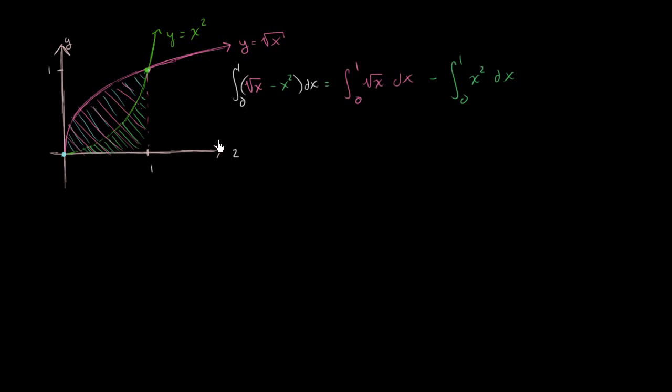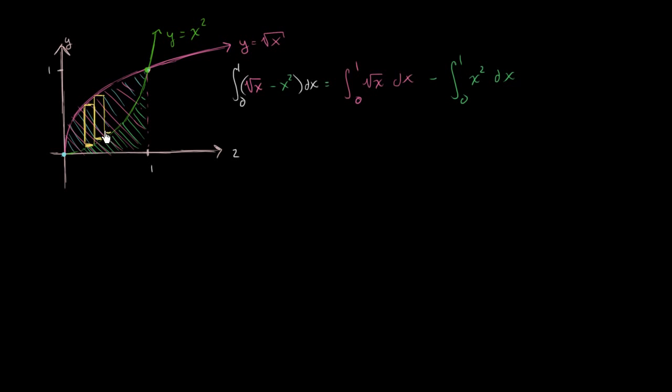Here, if you conceptualize dx as the width of each of your rectangles, now the height of your rectangle isn't just the function between the x-axis and the function itself. The height is the difference between the two functions. So this would be the width of a rectangle, and then the height would be the difference between the two functions. And then you would have another rectangle right over there.